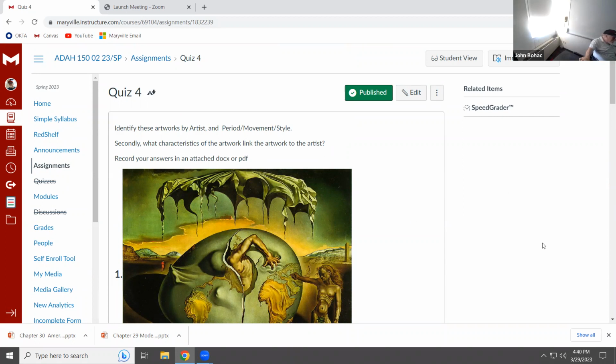And the other part of it is, if you got the wrong artist, got the right movement, style, or period, and you identify the characteristics, you could probably, for some of these, make a case that it's somebody else. And that would raise this from a totally wrong answer to just, I get it.